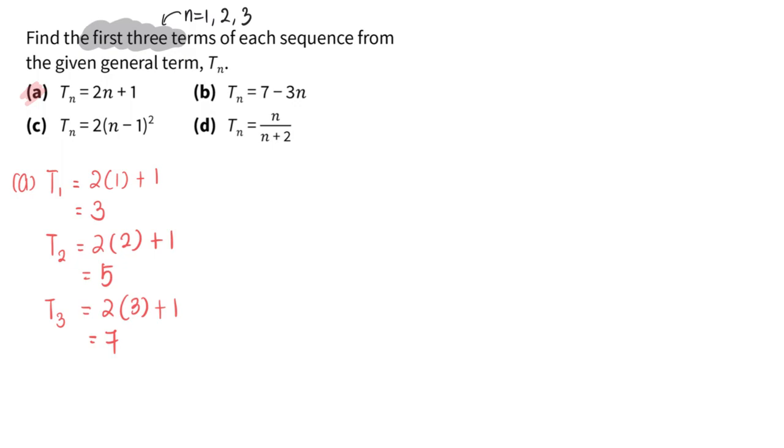And I'm going to repeat this for the next number pattern. So now the general term is 7 minus 3n, meaning minus 3 times 1. This will give me 4. T2 will be equal to this.